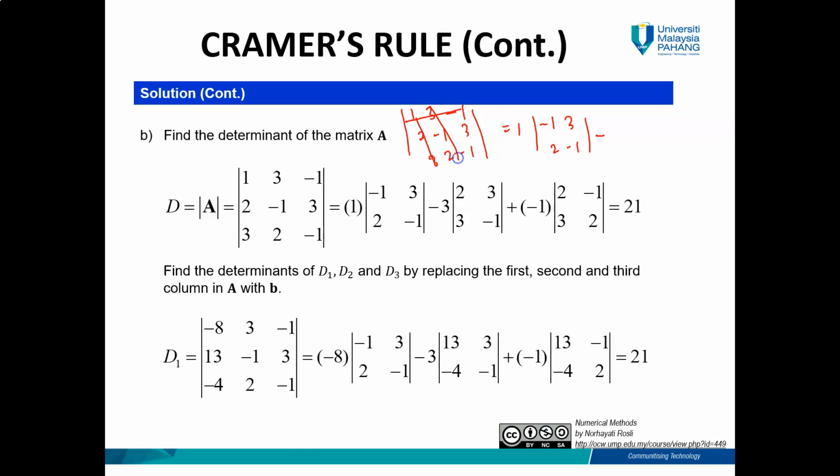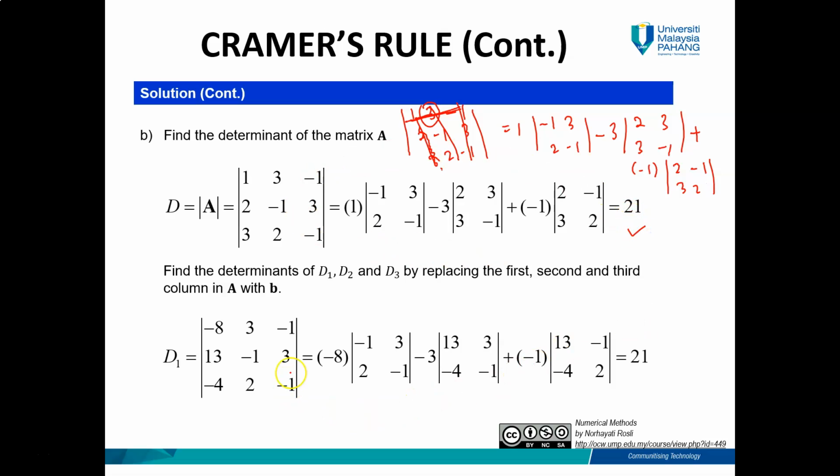Then we close the second column of the first row, and the intersection point is 3, with the remaining values 2, 3, 3, -1. Then plus, we close the first row, third column: -1 times the determinant of 2, -1, 3, 2. When you solve this, class, you get 21.